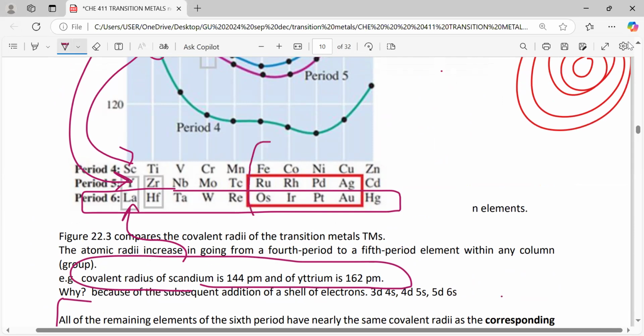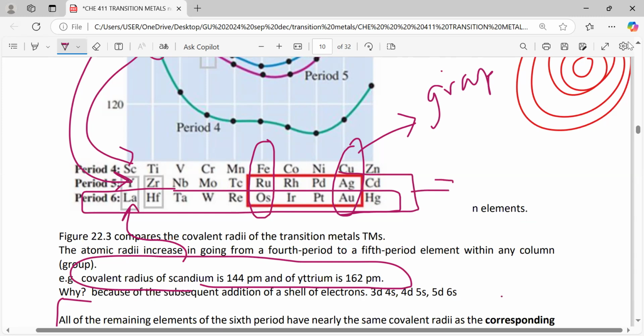So look at these two. Or even let us look at these two here. They're in the same group. But the ones in period 5 and 6, for example silver and gold, have the same or similar chemistry.